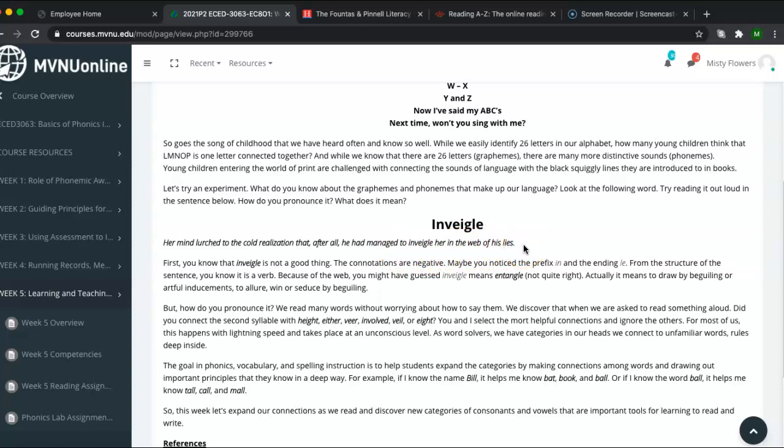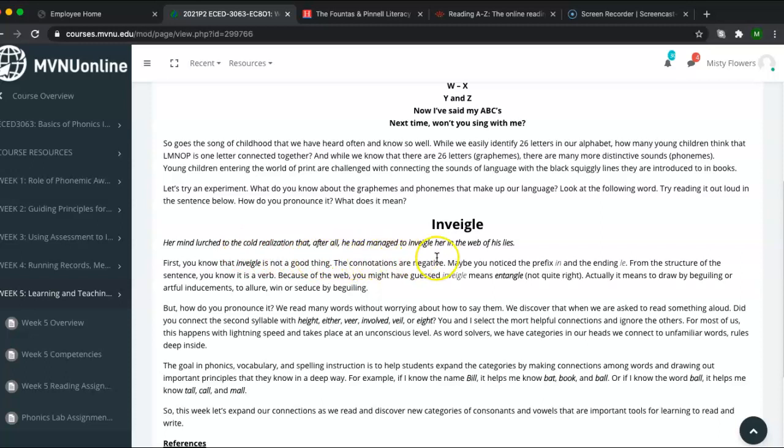Well, we know first of all that inveigle is not a good thing. This web of lies tells us that it's negative. It's not a good thing. If we look at the word, maybe you notice the prefix in and the ending le. From the structure of the sentence, you know it is a verb.